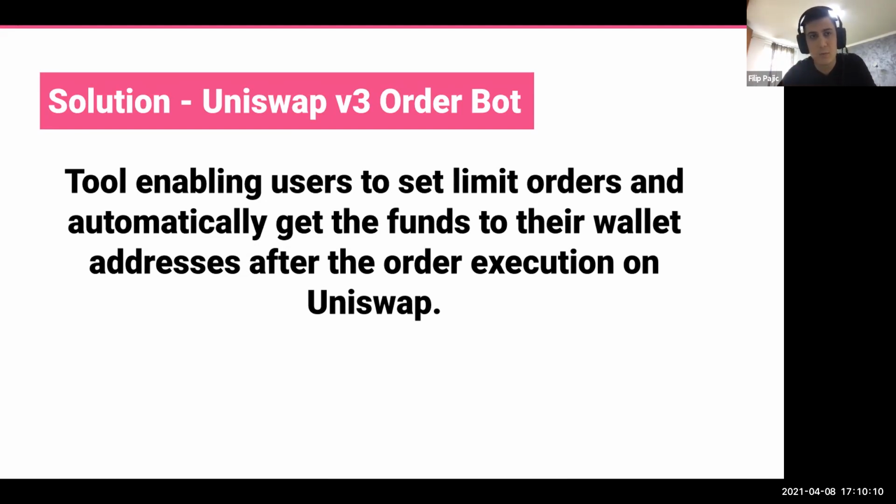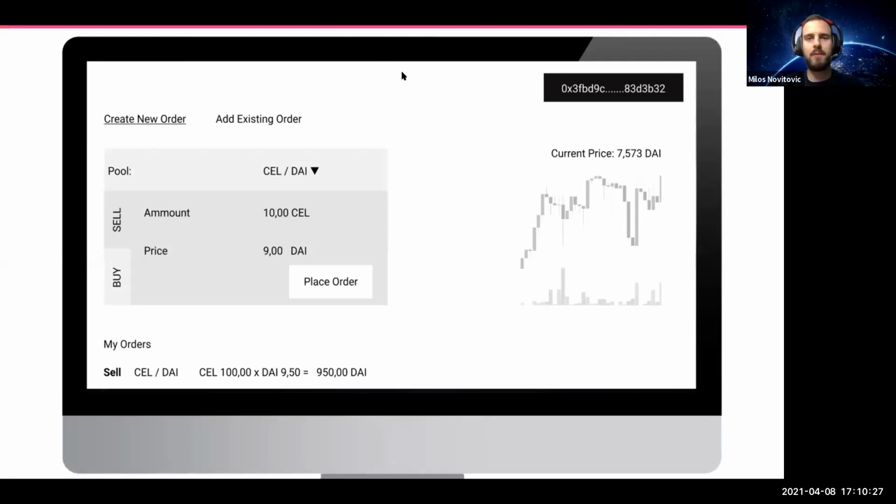When it happens, it's automatically triggered, and the user didn't have to think about it at all. He can stay lazy as he was in Uniswap V2. Next slide. Okay, thank you, Philip.